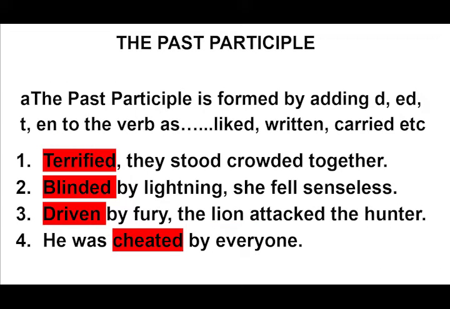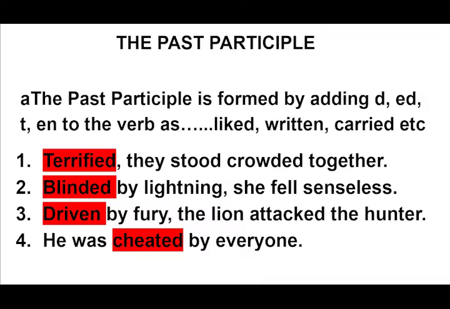Now we go to the next participle, that is past participle. The past participle indicates an action that is already completed. It is formed by adding d, ed, t, en, ne to the verb. For example, liked.